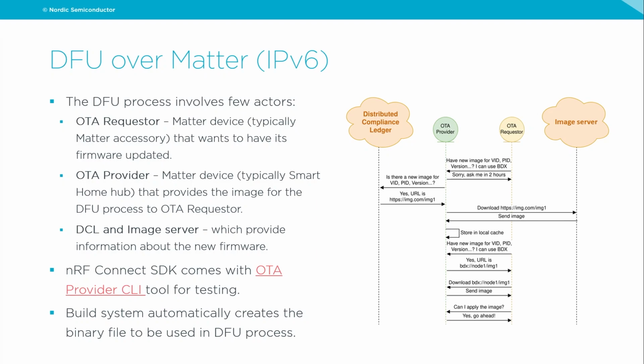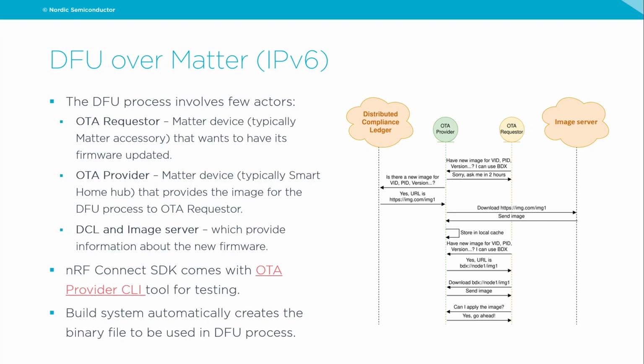The download itself takes place over a special Matter-defined transfer protocol called BDX that operates over the Matter messaging protocol on top of UDP. Overall, you can think of this process as a background DFU process that happens automatically without user intervention, although user consent is usually required for the final phase, which is applying the downloaded firmware to the target Matter device.